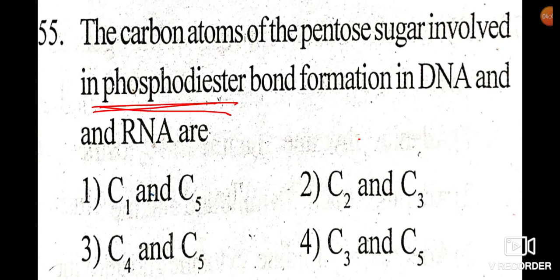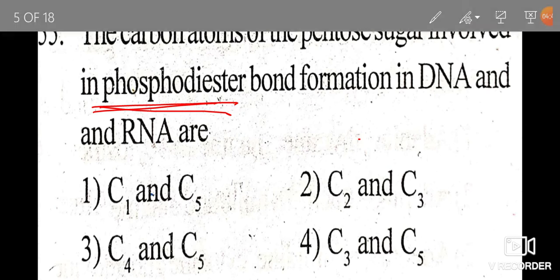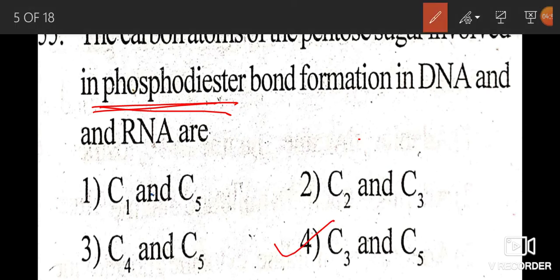The right option is option number 4. C3 and C5. In between the third carbon and 5th carbon, phosphodiester bond is formed in DNA and RNA.